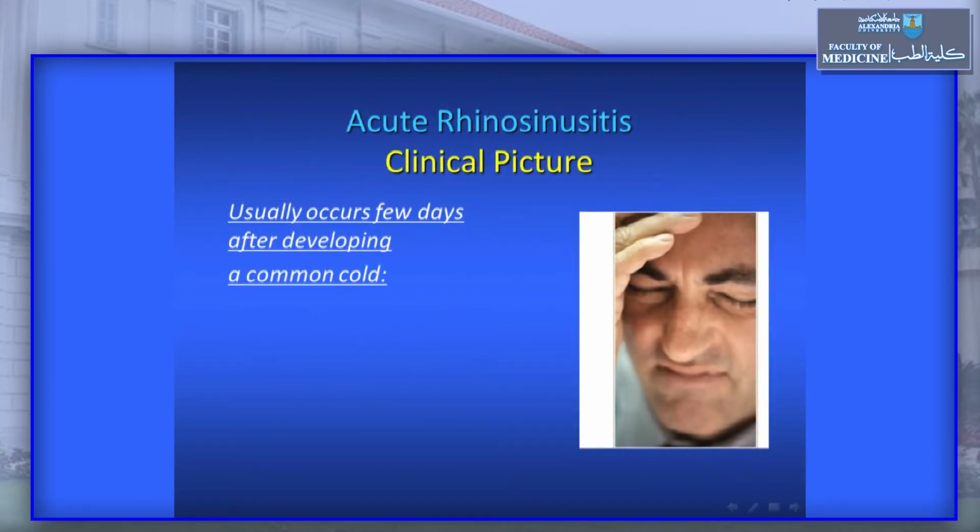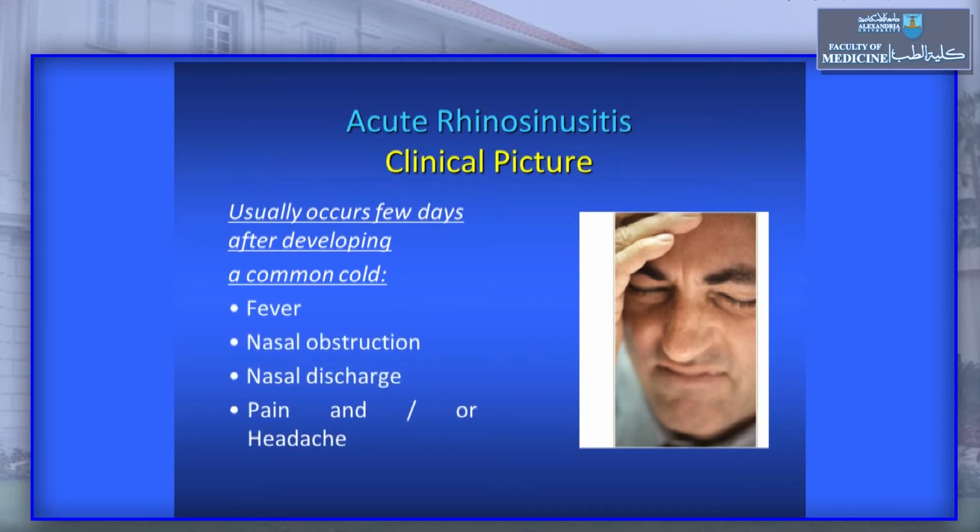What about the clinical picture of acute rhinosinusitis? It usually occurs a few days after developing an attack of common cold. The patient complains of fever, nasal obstruction, mucopurulent or purulent nasal discharge, pain or headache. This pain or headache characteristically increases on coughing or bending.